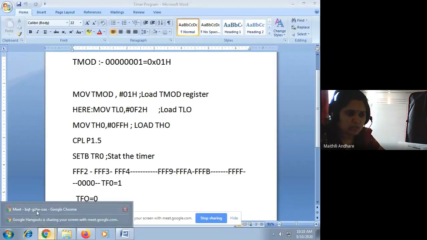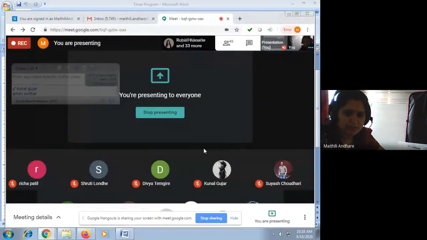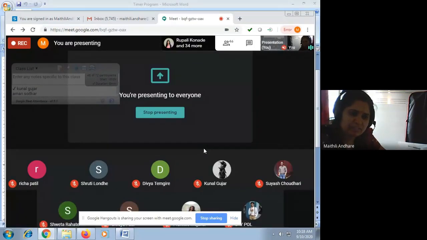Are you getting these two parts in the timer? First part is, if the value is given and loaded in the timer registers TL and TH, how does the user come to know how much delay is generated by that value? There is a procedure to calculate the delay for any value loaded in the timer register.